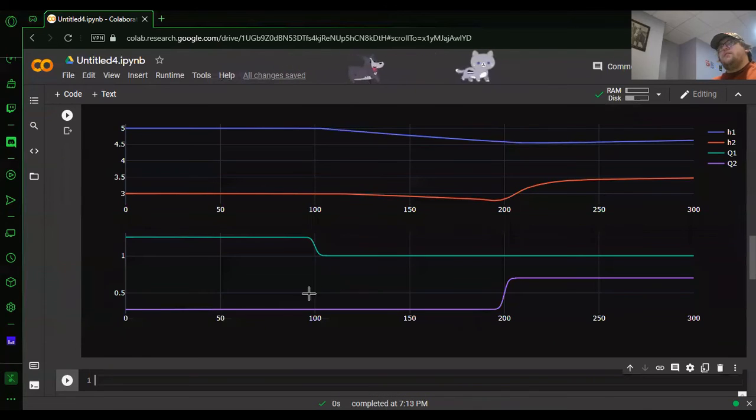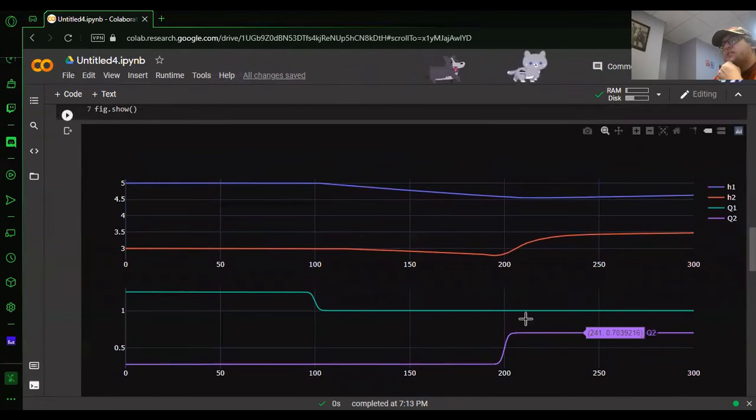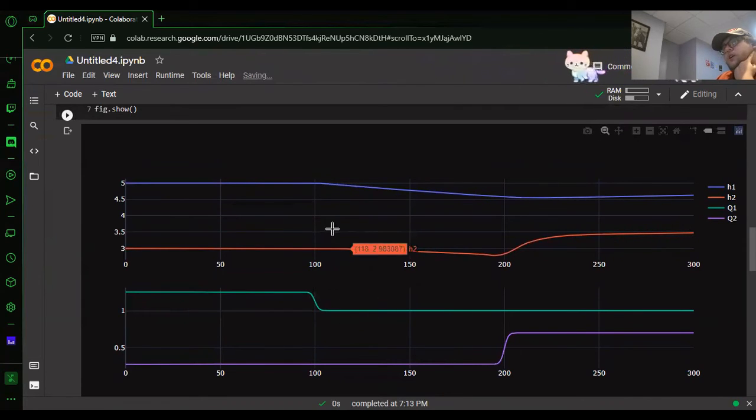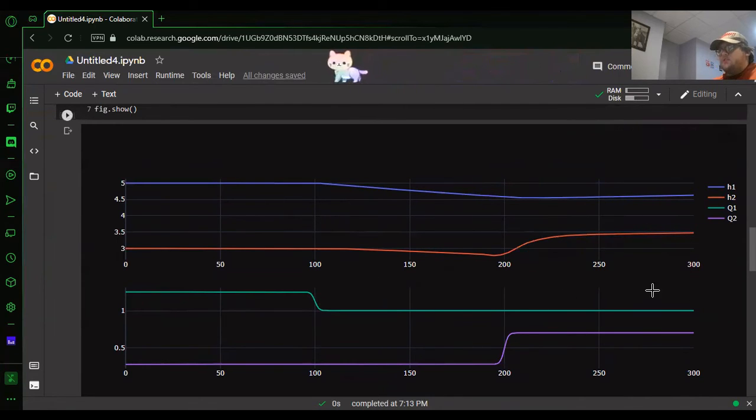So if we run this, as you can see, our Q1 dips right at this 100-second mark. And then our Q2 spikes at that 200-second mark, showing us why these take a dip and why this one increases.